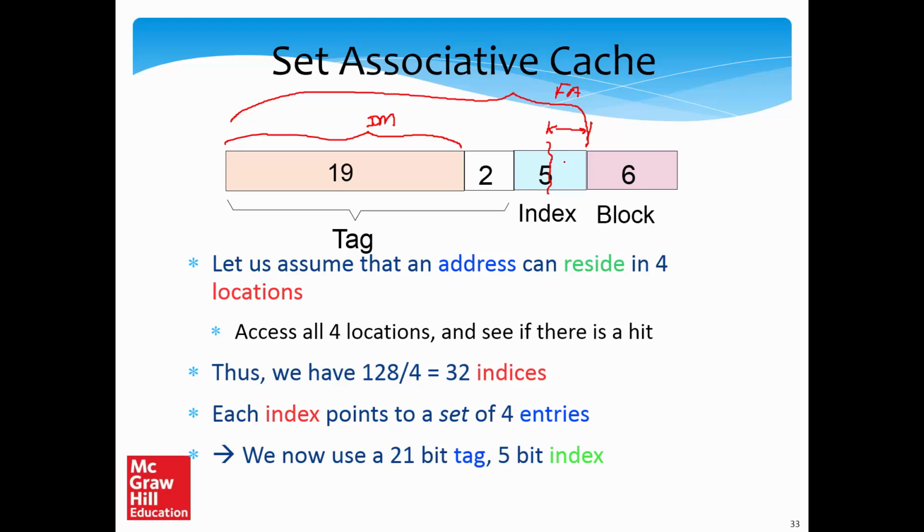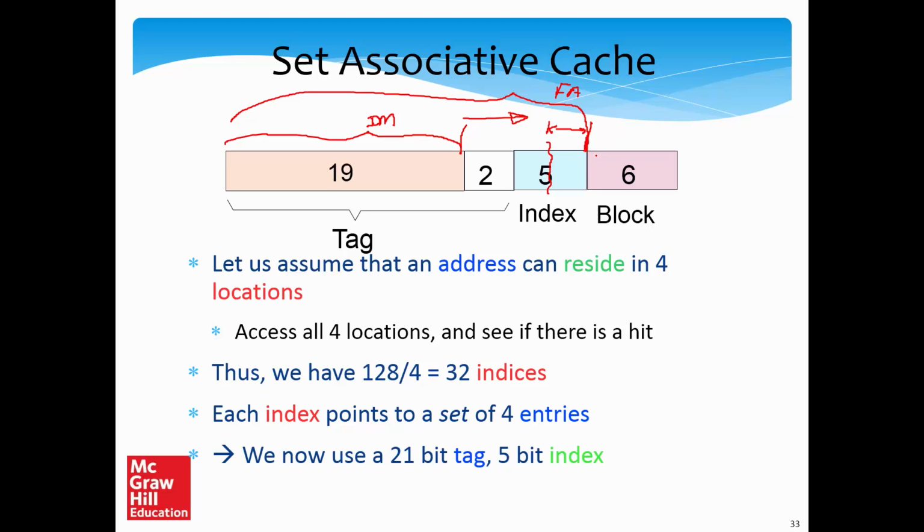As we increase the number of sets, the tag will get smaller and smaller till you can't increase it beyond this point, which means that every set at this point contains one entry. Similarly, if we decrease the number of sets, then the tag will get larger and larger, and the index part will get smaller and smaller till we reach the fully associative point.